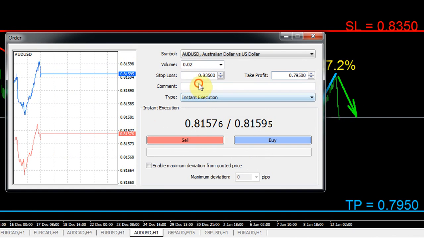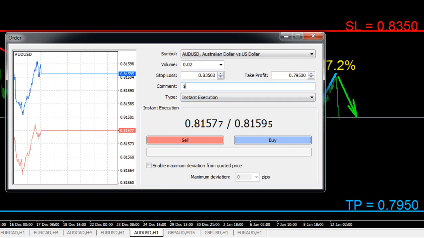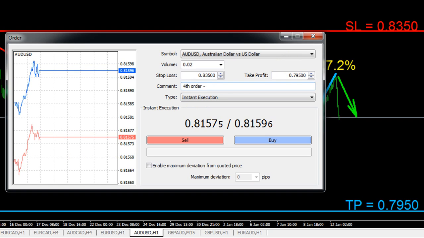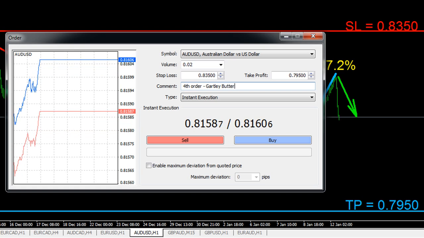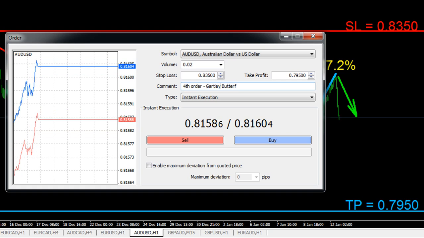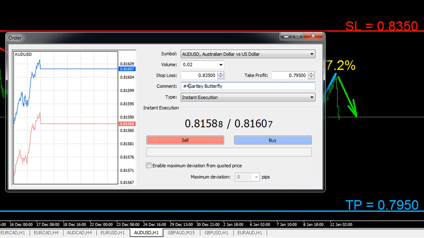For the comment, let's call this fourth order, we'll call this Gartley butterfly. Oh, it doesn't fit. Let's just call it Gartley butterfly, and at the start maybe say number 4.